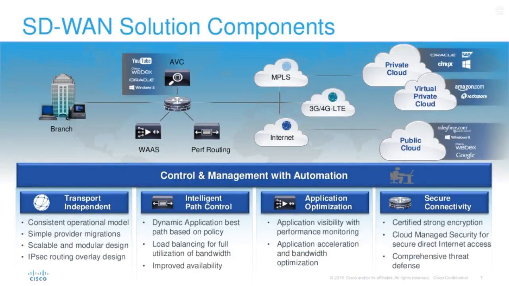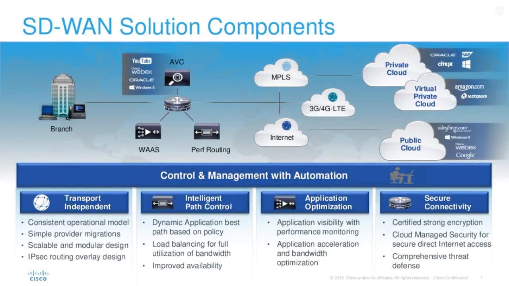The second major component is intelligent path control that makes up these SD-WAN solutions. And what I mean by that is we're dynamically routing connections based on application here. Now, this is very different from the way traditional IP routing works. With traditional IP routing, we're just taking a connection and routing it by its IP address going a certain direction.